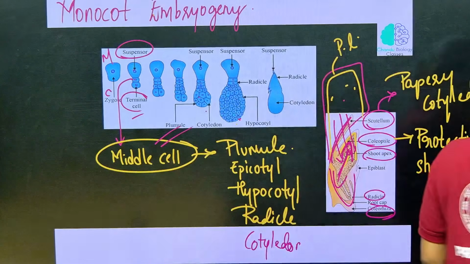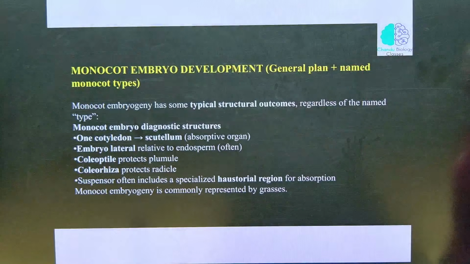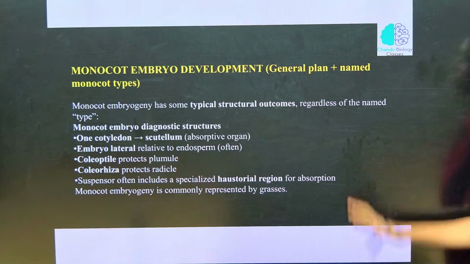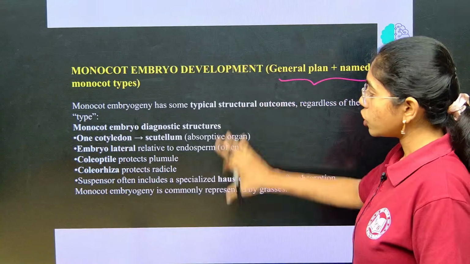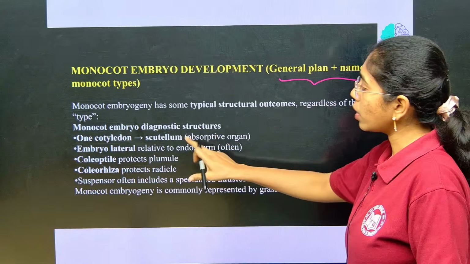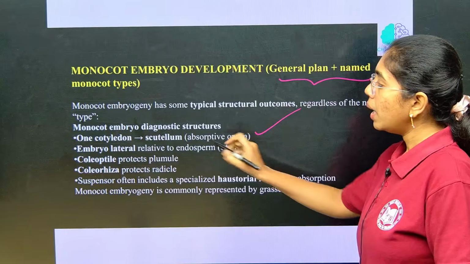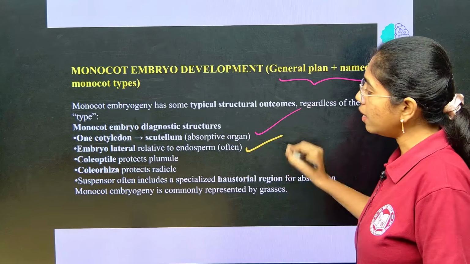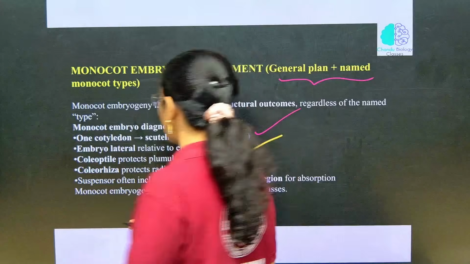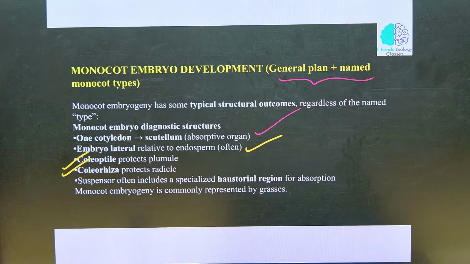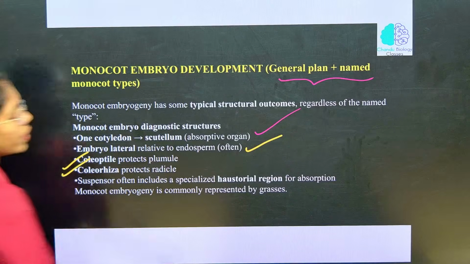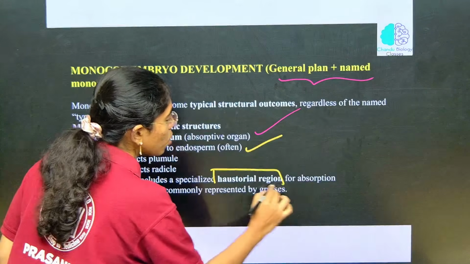Now we will learn what the different types of monocot embryogeny are. First, the general plan of monocot types. Just now we have learnt that in monocots there is one cotyledon, that is the scutellum, and the embryo is lateral relative to the endosperm. Coleoptile protects the plumule, coleorhiza will protect the radicle, and the suspensor often includes a specialized haustorial region.